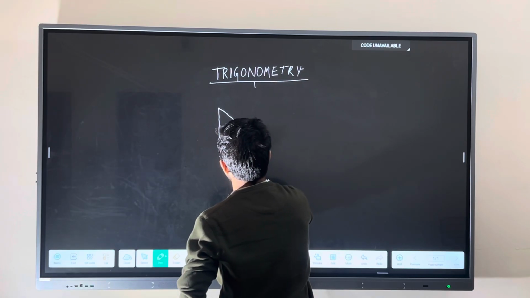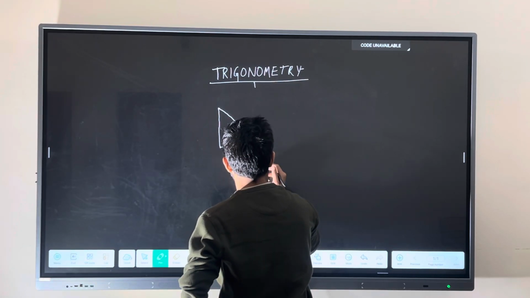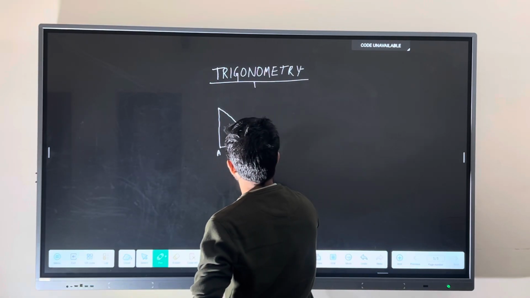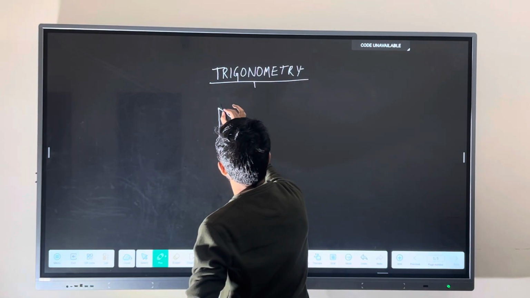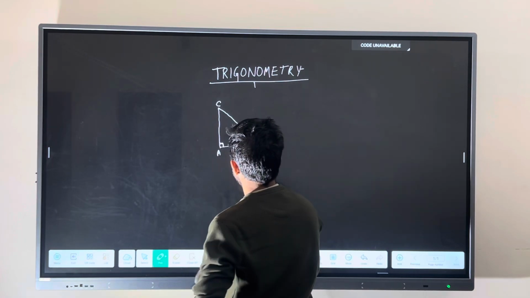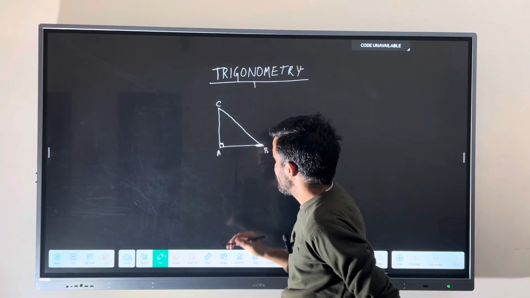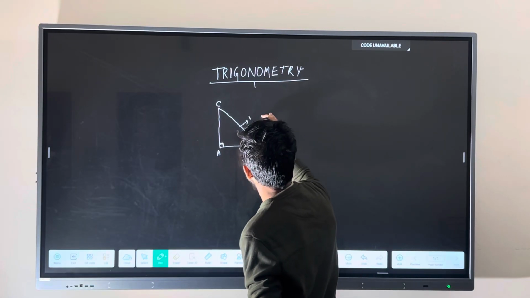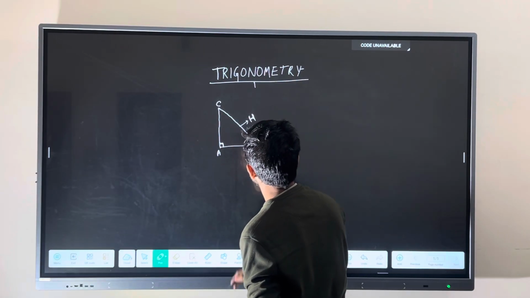Okay. So this is a right angle triangle, ABC. We all know that this is the right angle. Now we know that the side opposite to the right angle is the hypotenuse.